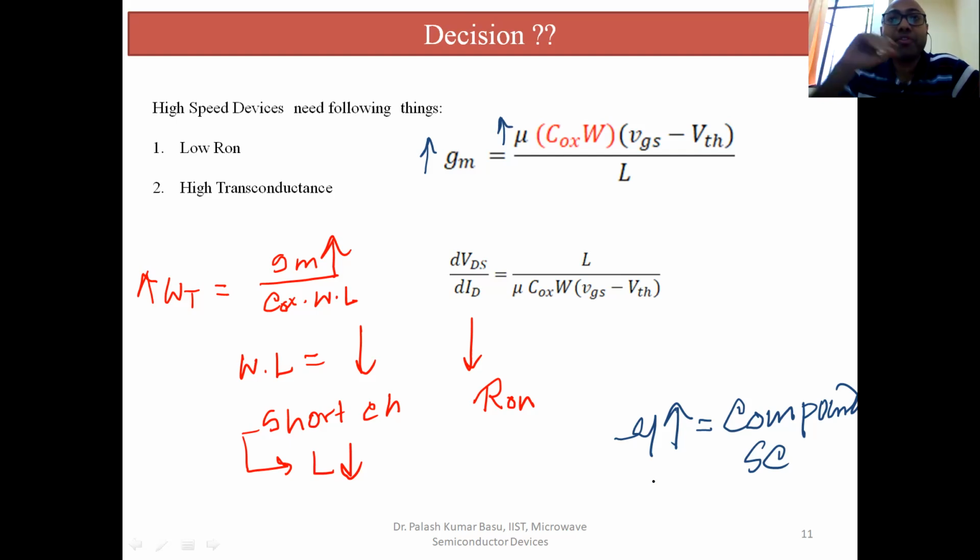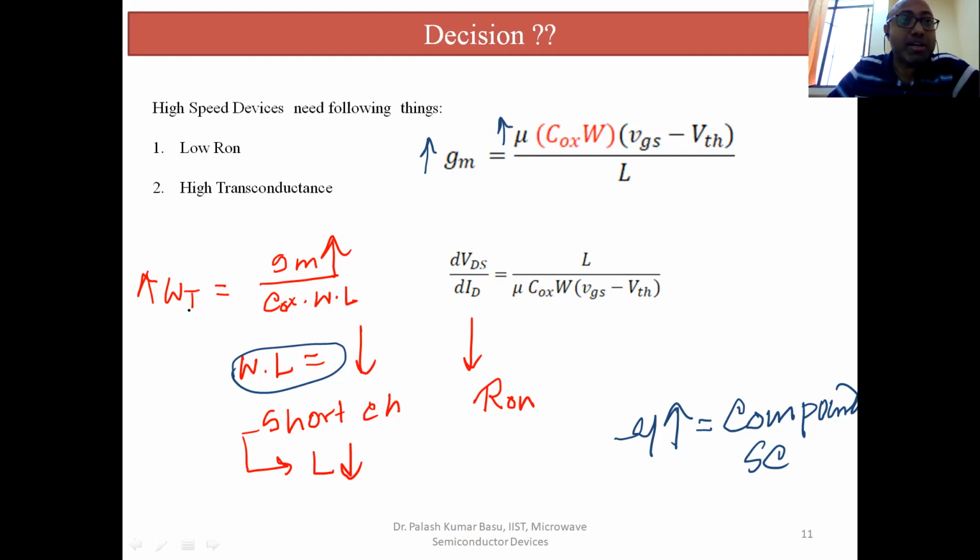We'll see that part. Look at the very conflicting and confusing things. If you want to increase the GM, your W has to increase. But what I told you here: your W and L have to decrease so that the cutoff frequency ωT increases.